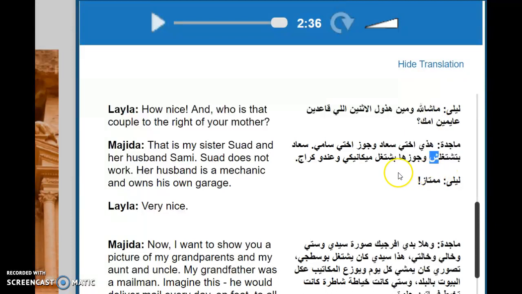You have two negators like you do in French. وجوزها بيشتغل ميكانيكي عنده كراج. But her husband works as a mechanic. And there is to him a garage. Obviously, English word, garage. ممتاز.